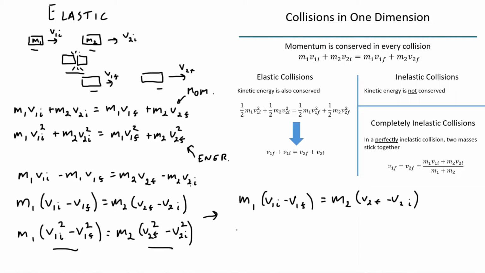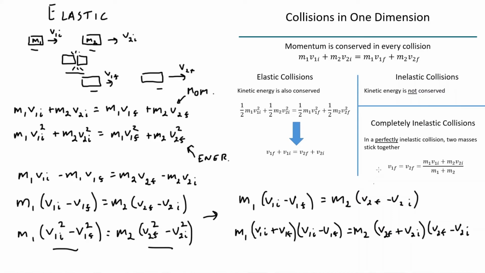And for energy, I can write this as M1 times, the difference of two squares factors as, V1 initial plus V1 final times V1 initial minus V1 final. And this equals M2 times V2 final plus V2 initial times V2 final minus V2 initial. Okay, now what I'm going to do, my favorite trick, I'm going to divide these two equations by each other. When I do this, look what happens.